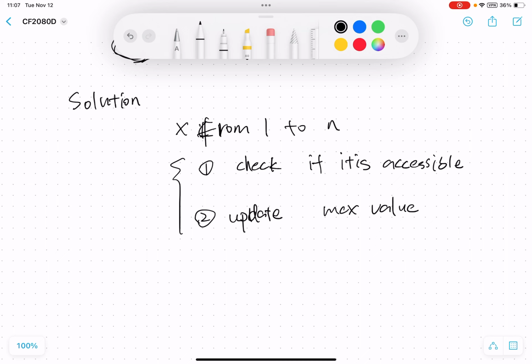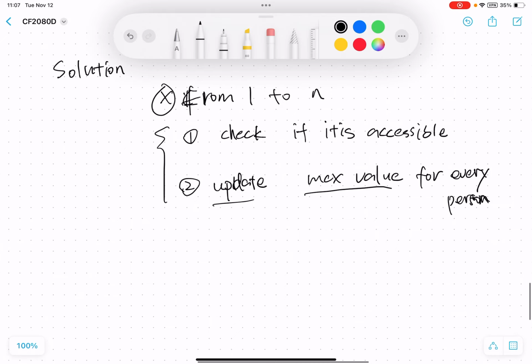Actually it will be the max value for every person. This is what we need to do for every X. That means X will be the current card type. From 1 to n, we need to check if it is accessible from card 1 and update the max value for every position. Okay, we can do it.